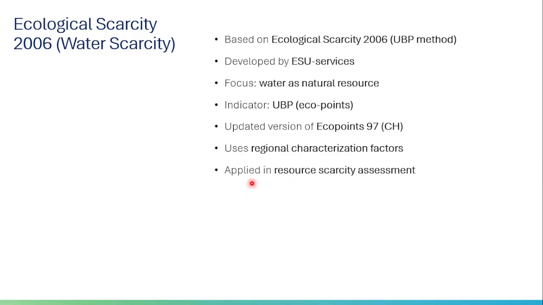Several updates have been made to include additional regional flows and improve compatibility with newer datasets like ecoinvent. In general, this method provides a policy-oriented way to evaluate water scarcity, linking environmental impact to sustainability targets.